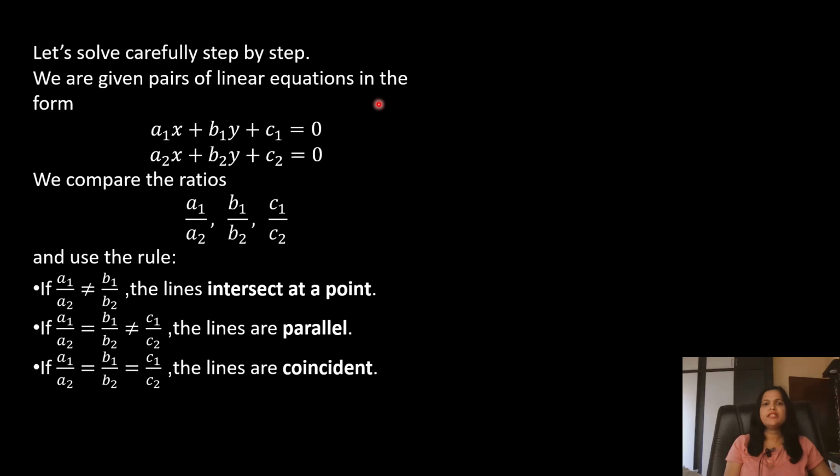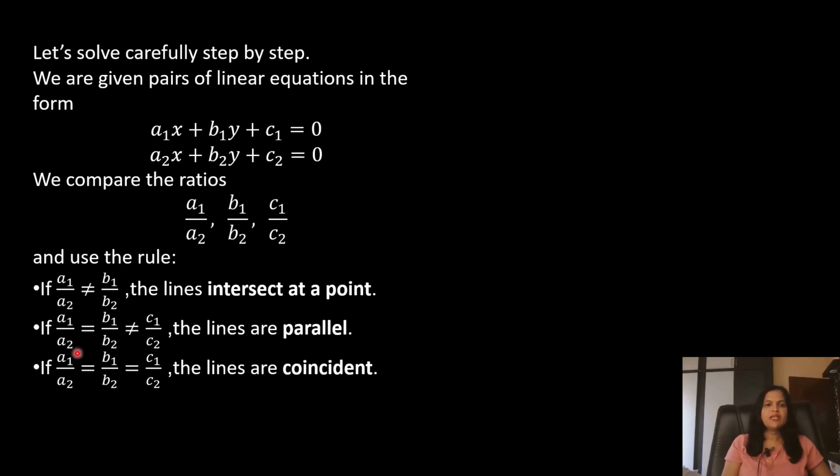We are given the pair of linear equations in the form a1x plus b1y plus c1 equal to 0, a2x plus b2y plus c2 equal to 0. We compare the ratios a1 by a2, b1 by b2, c1 by c2 and use the rule: if a1 by a2 is not equal to b1 by b2, the lines intersect at a point.